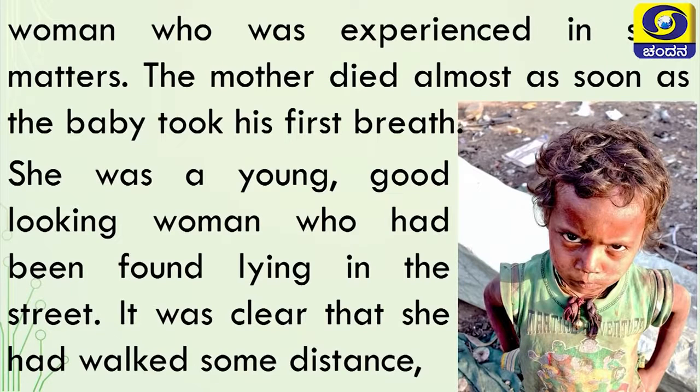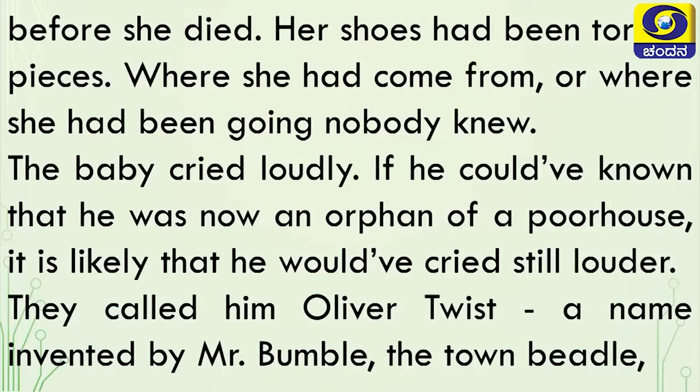She was a young, good-looking woman who had been found lying in the streets. It was clear that she had walked some distance before she died. Her shoes had been torn to pieces. Where she had come from or where she had been going, nobody knew.